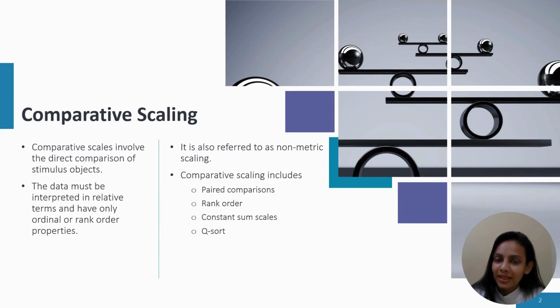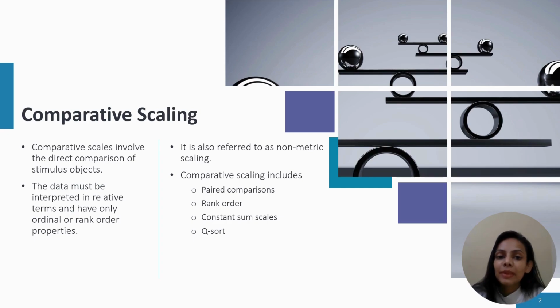We already know that comparative scaling is a method used in educational psychology to measure and assess individuals' attitudes, values, and beliefs within the affective domain. Comparative scale involves the direct comparison of stimulus objects.